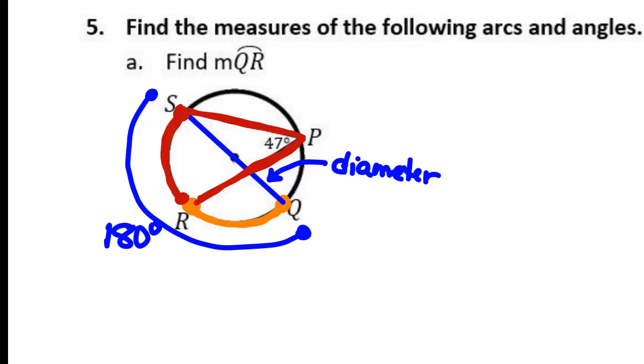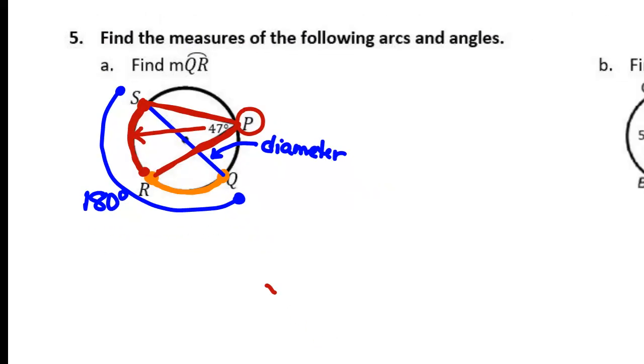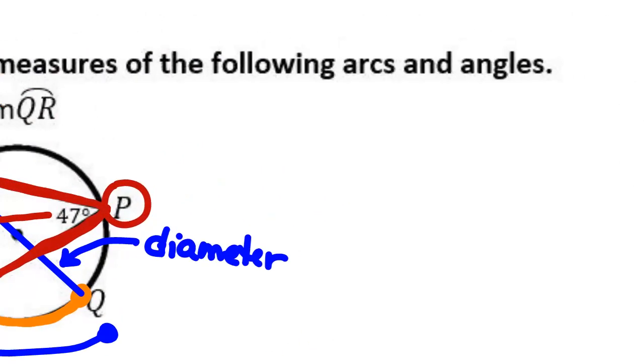Yes. What angle is capturing arc SR? Angle P. How big is angle P? 47 degrees. What's the relationship between the angle and the arc? The angle is half of the arc, so the arc would be 2 times.